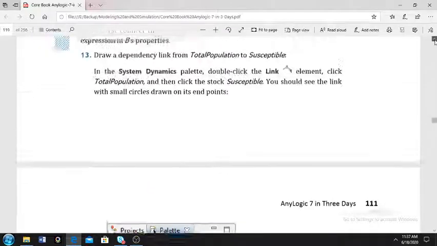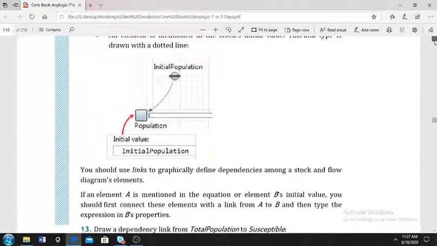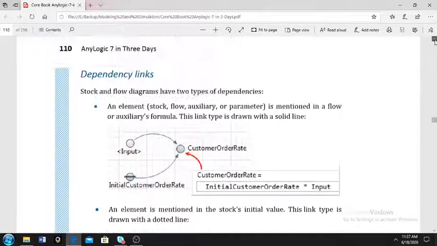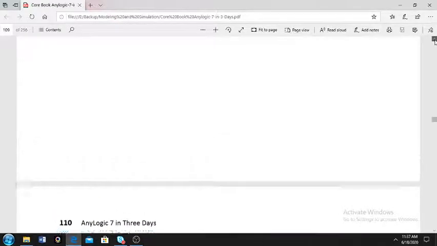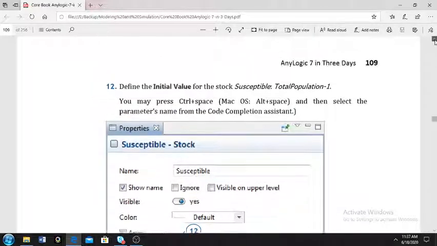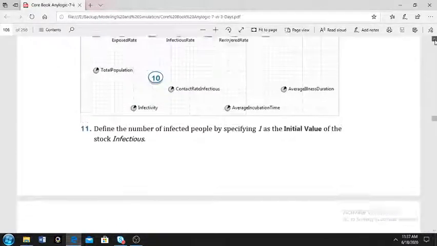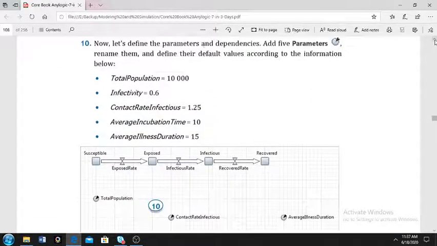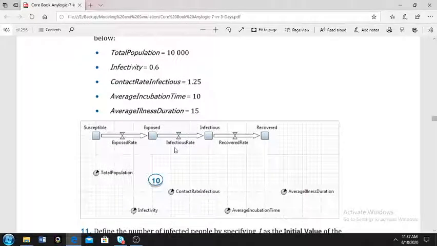They don't really vary. What really varies are these rates here. They're the ones varying, but our auxiliaries here are not varying.